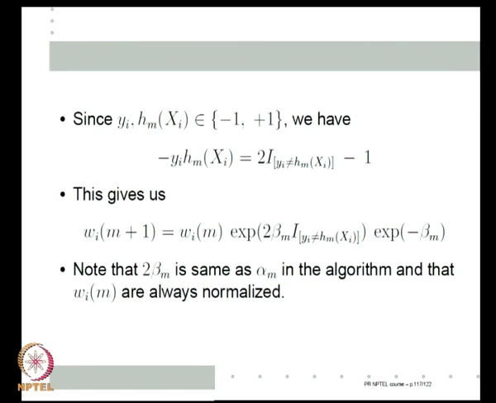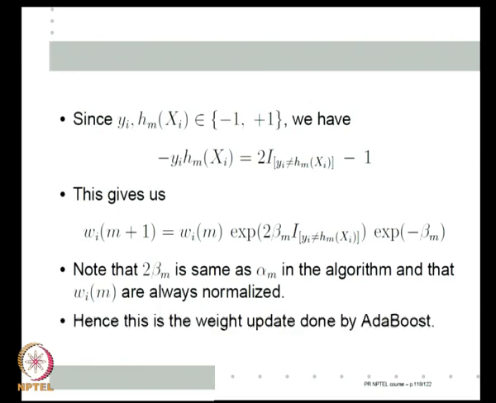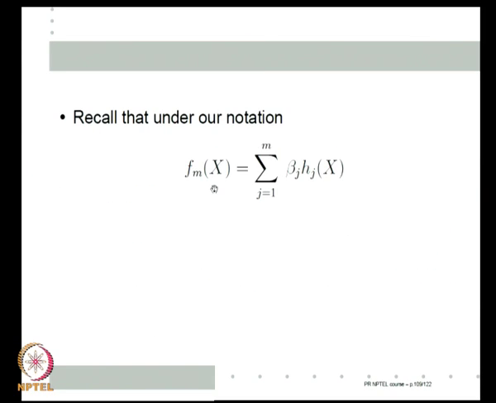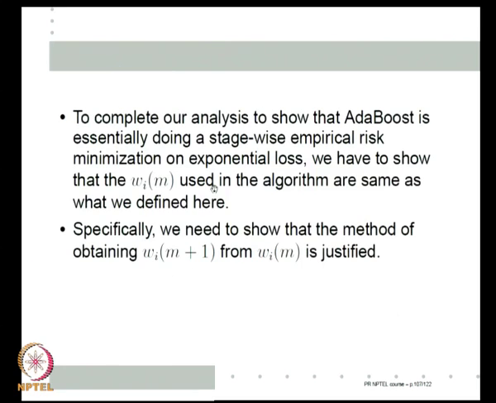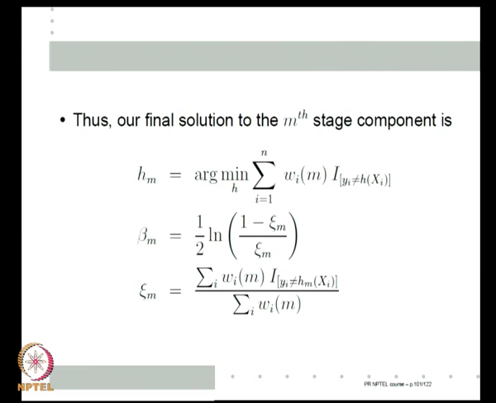Okay. So, let's go back to what you have seen. If I do stage wise minimization of empirical risk under exponential loss, this is my mth stage solution.